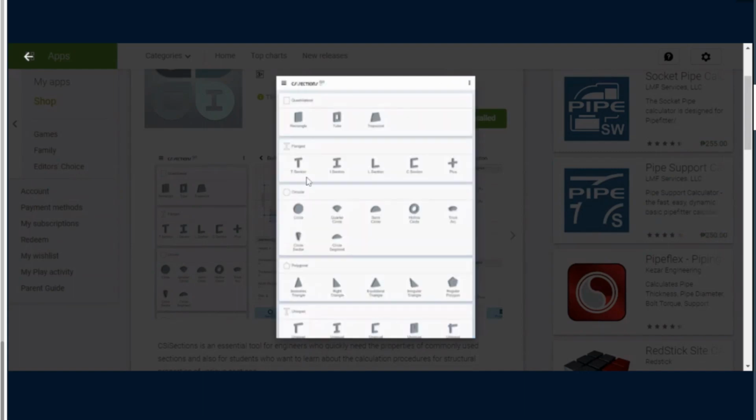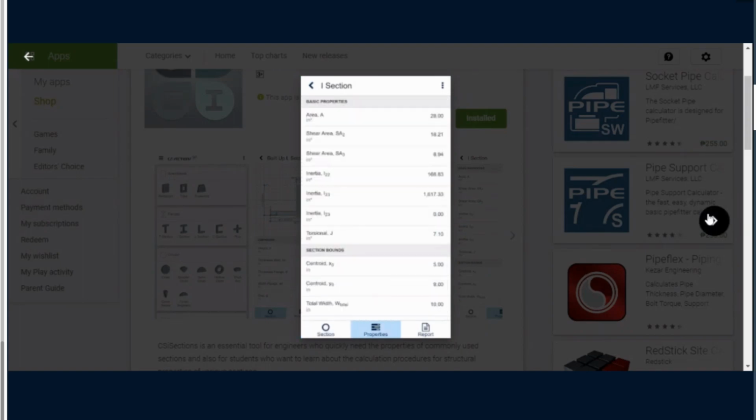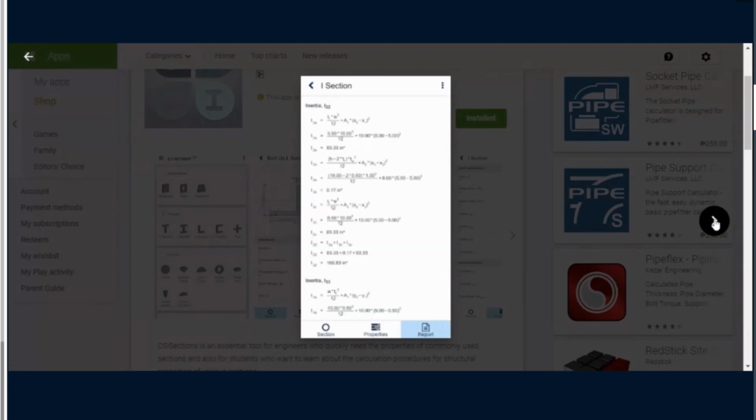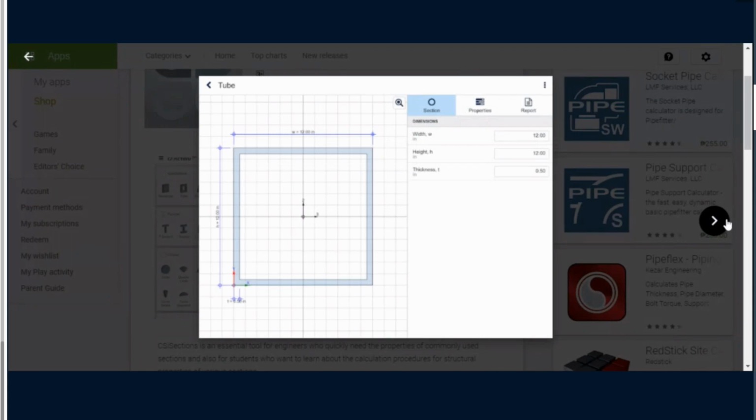So there you go, the selection of the sections that you may use. Here, for example, you want a rectangle, you can just input the dimensions. What is the height of this one? What is the thickness? And once you input the dimensions, it gives you this. So that's one example.